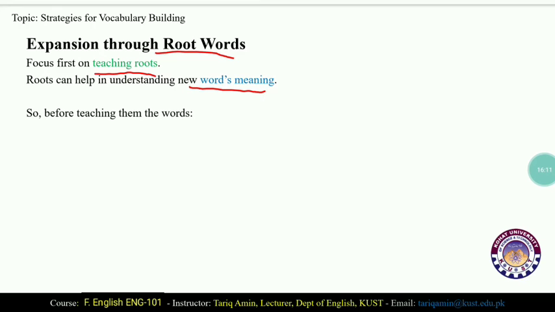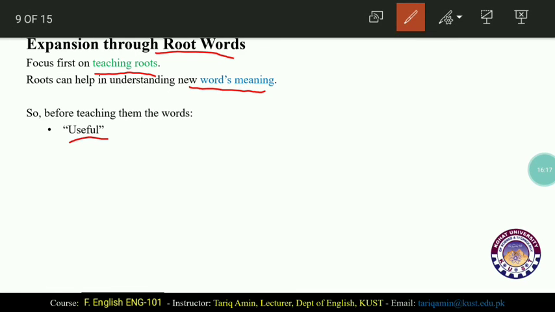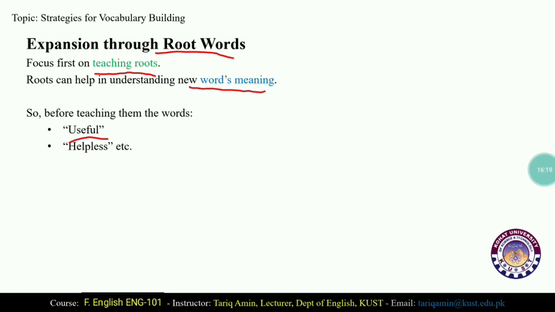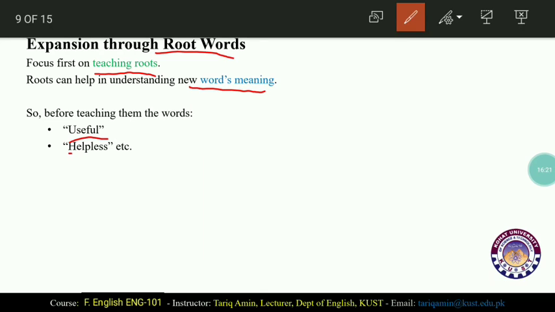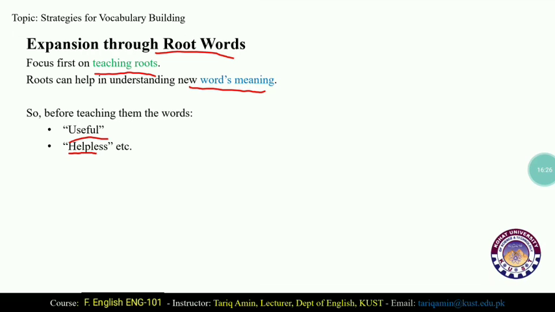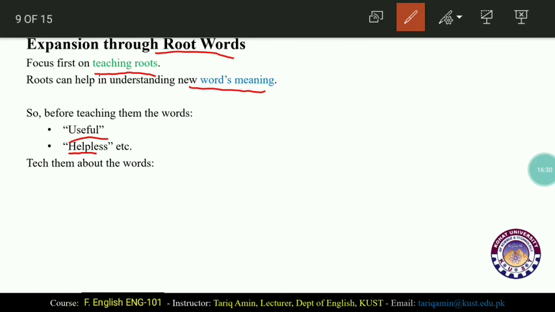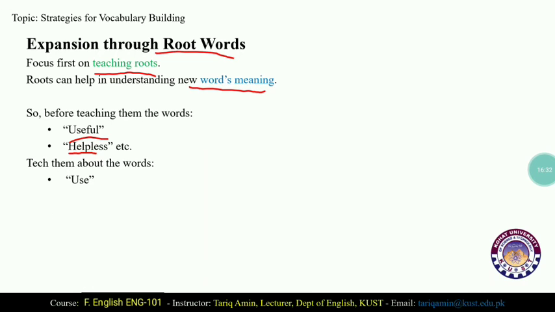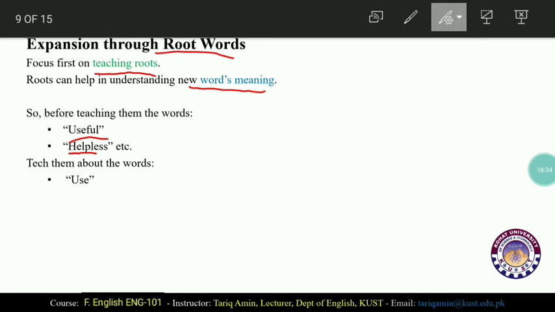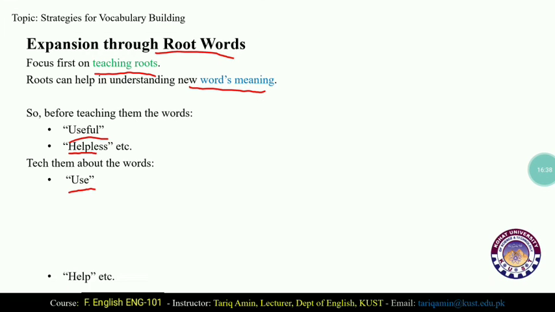So before teaching them the words, let's discuss it. For example, before teaching them the words useful and helpless, these are just two examples. Before teaching the students these two words, you need to teach them what is use, and then what is help.